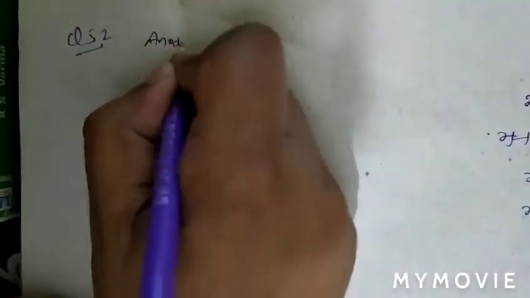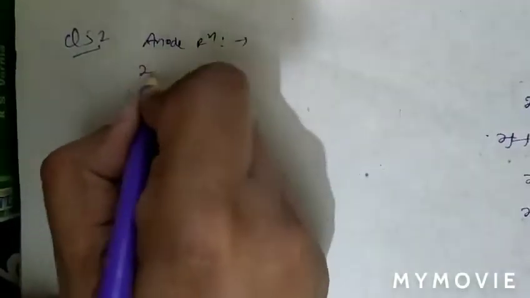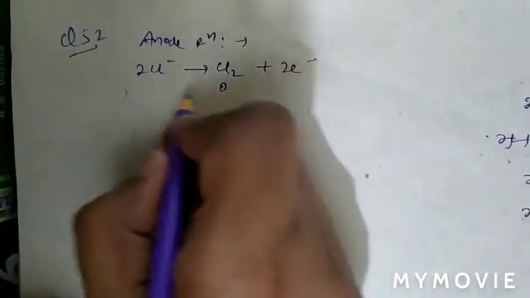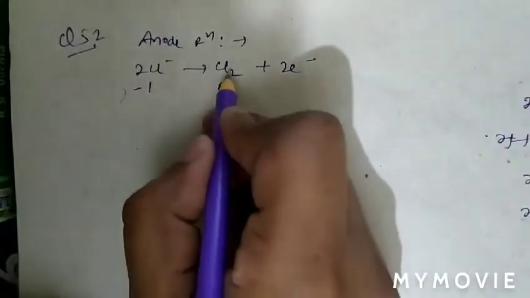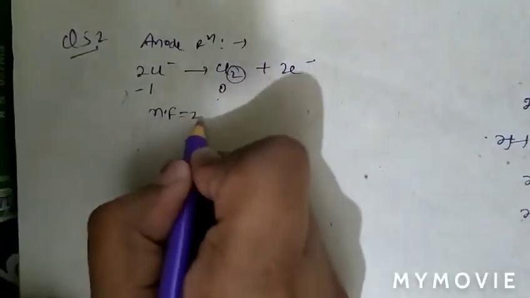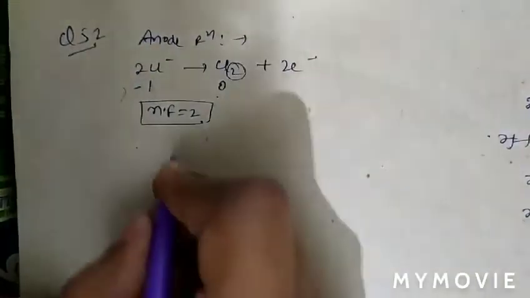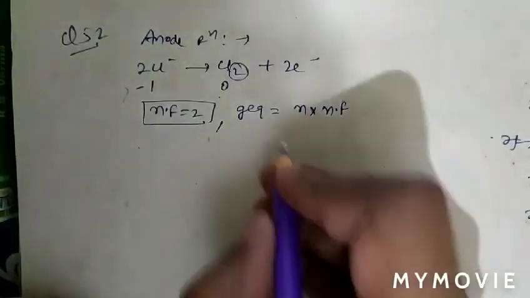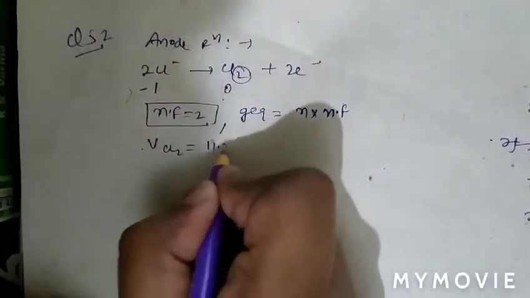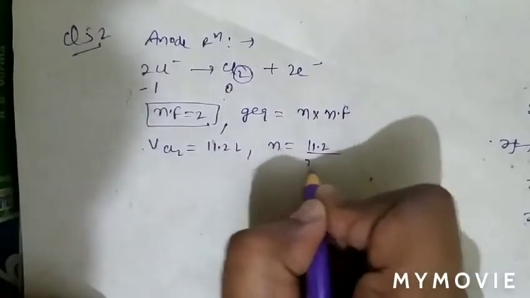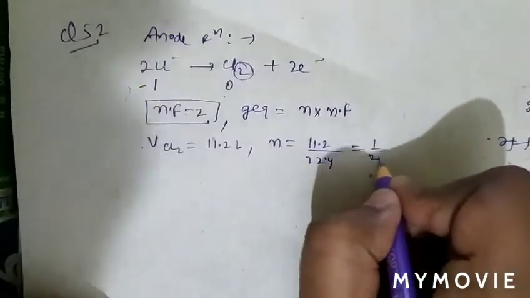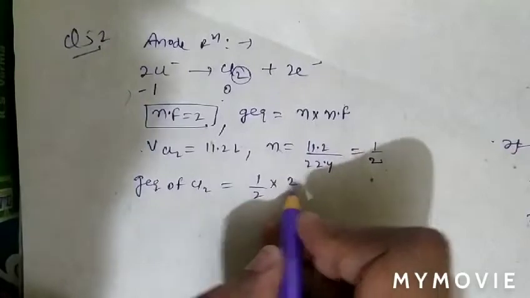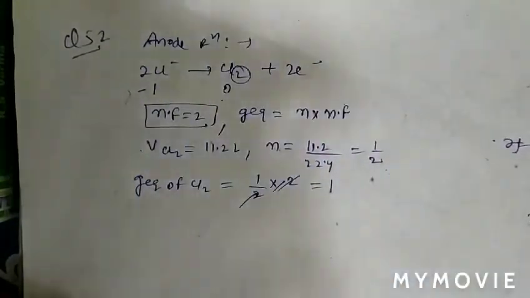So we can write the anode reaction as 2Cl minus gives Cl2 plus 2 electrons. As we can see, the oxidation number changes from 0 to minus 1 for 1 Cl, so for 2 Cl, the N factor will be equal to 2. And we know that gram equivalent is number of moles multiplied by N factor. As the volume of Cl2 gas is 11.2 liters, the number of moles will be 11.2 by 22.4, equal to 1 by 2 mole. So gram equivalent of Cl2 will be 1 by 2 into 2, which is 1.